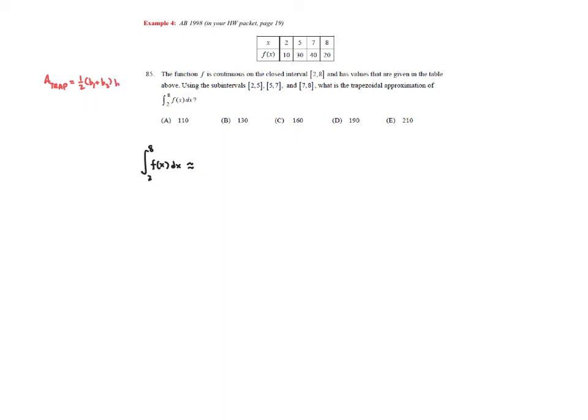So let's identify the heights first. The heights are actually the interval widths. So here I have a height of 3, and we'll go with blue for the first interval. Here I'm going to have a height of 2, and here I'll have a height of 1. So that's your interval width.